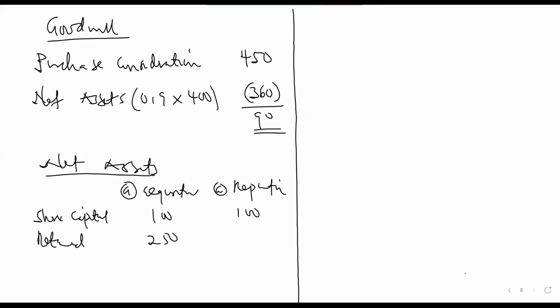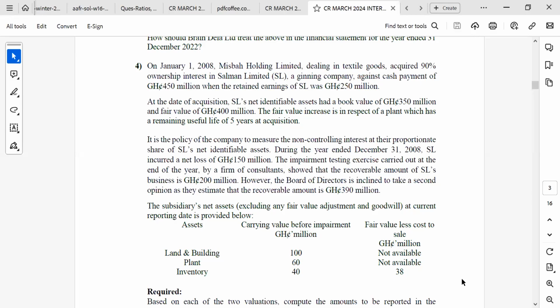What will be the retained earnings at reporting? Read up to the end. During the year, the company made a loss of what?